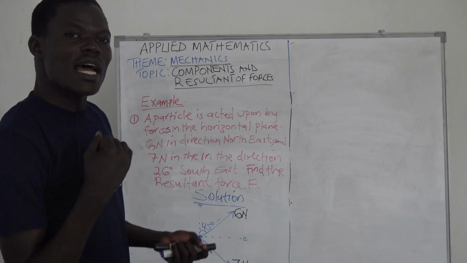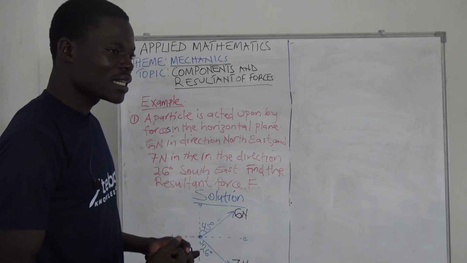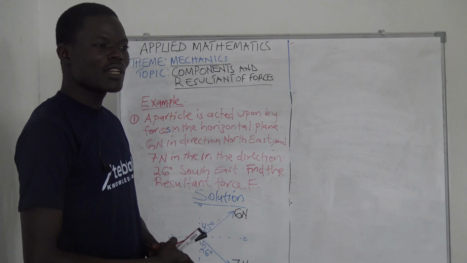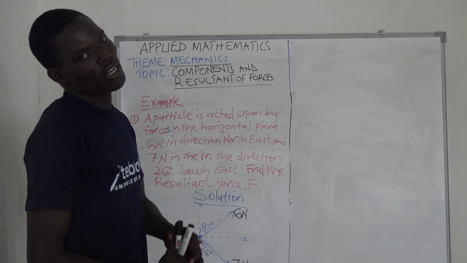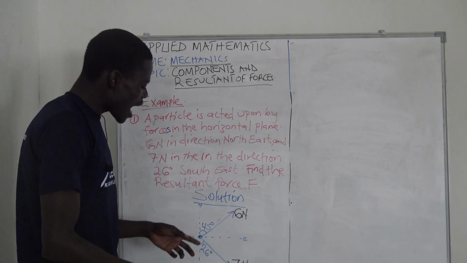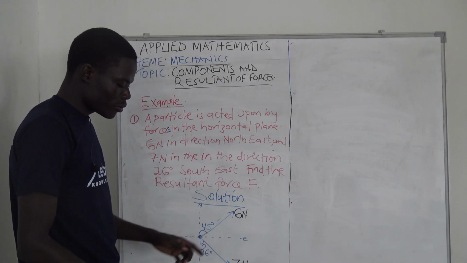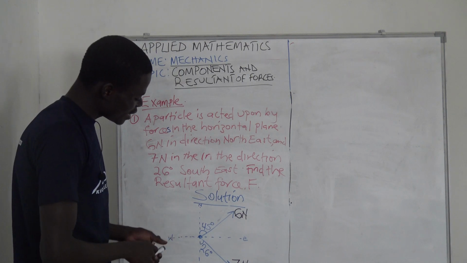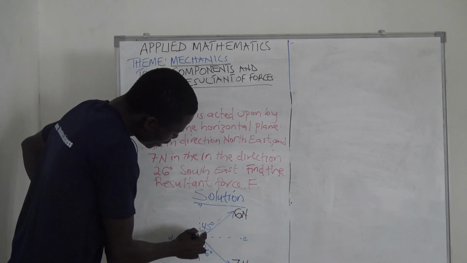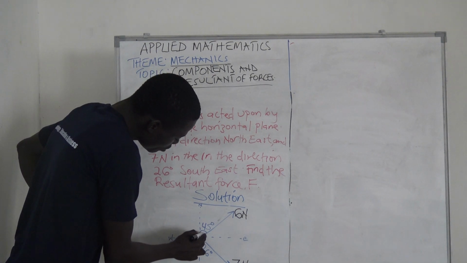We said we consider each force independently first. We get their components, then we calculate the resultant components, and then we get the resultant force and calculate the angle. But here, the angle which we want should be to the horizontal. We are all aware that east and west to north is how many degrees?